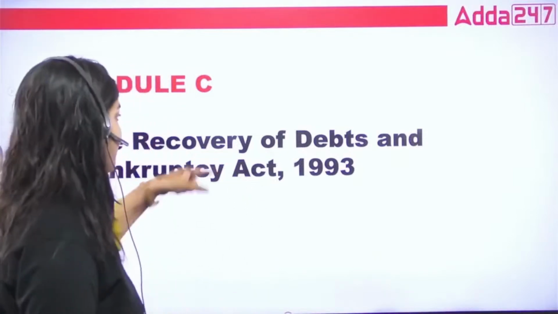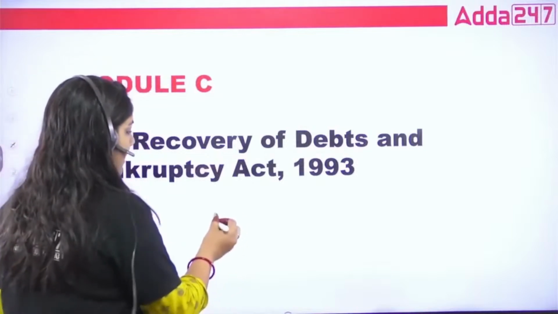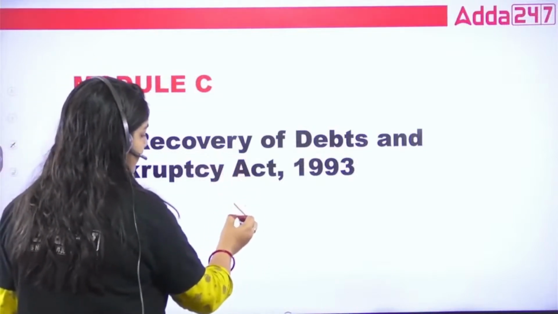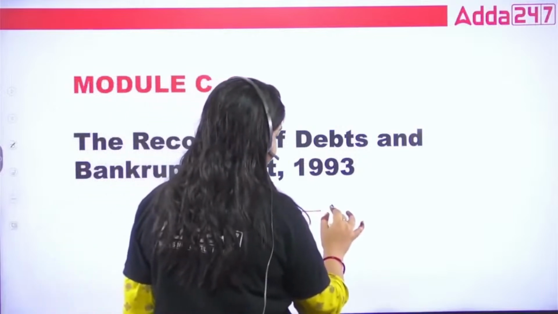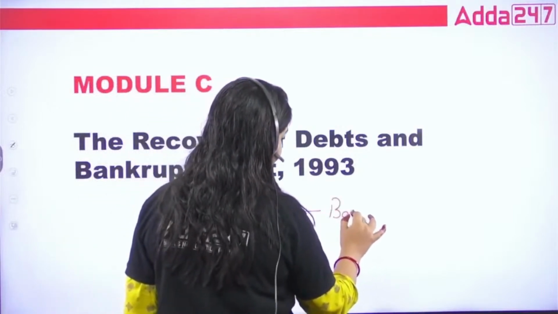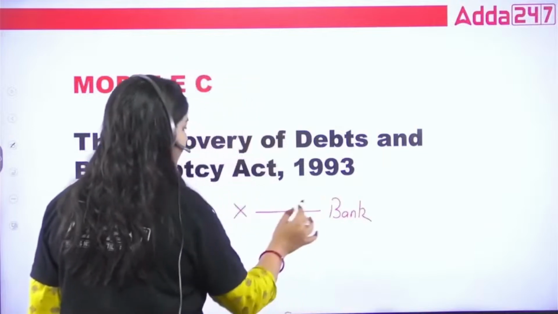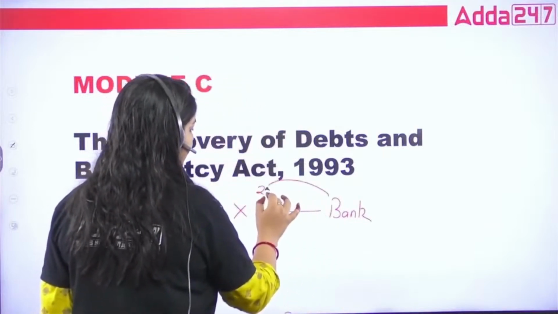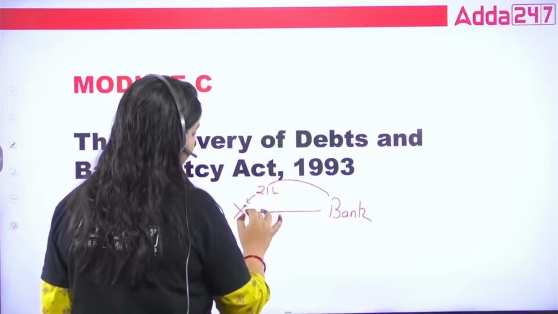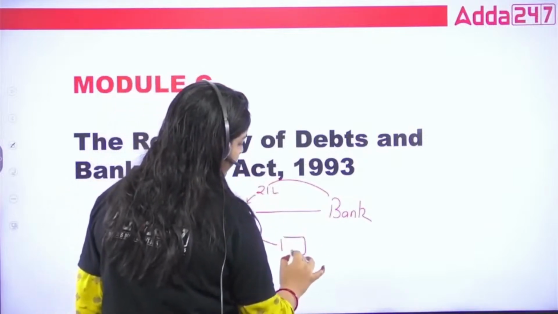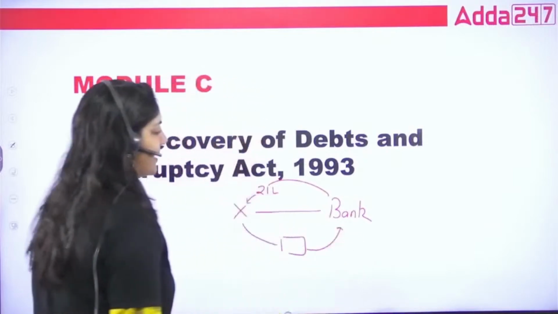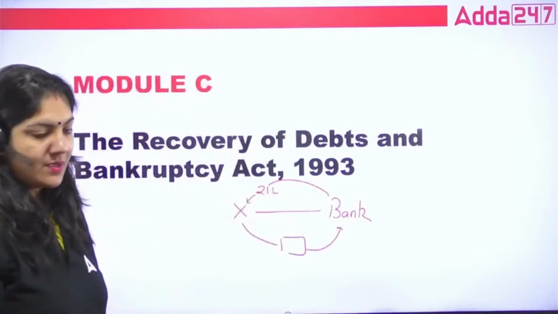So first of all, what about recovery of debt? What does this act basically want to say? X, this is the bank, right? X has taken, suppose, 21 lakh from this, and Y has already given movable property as security to the bank, right?